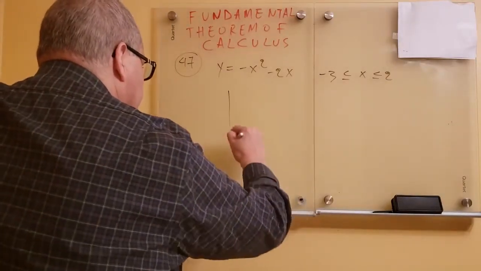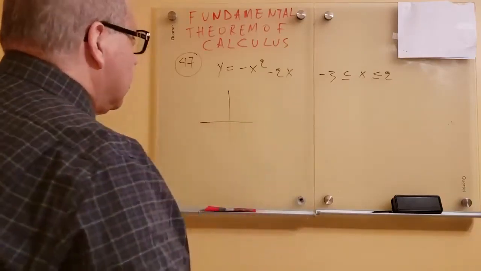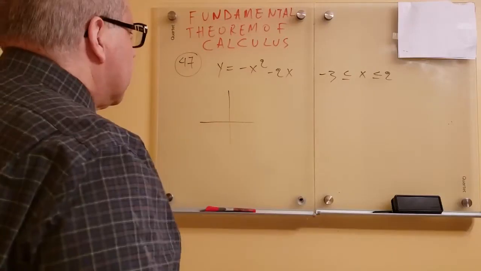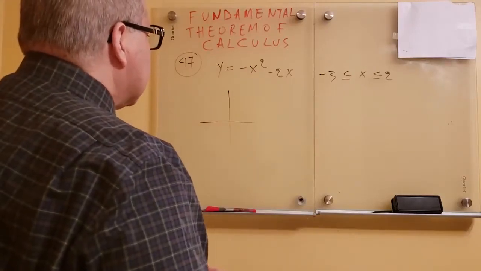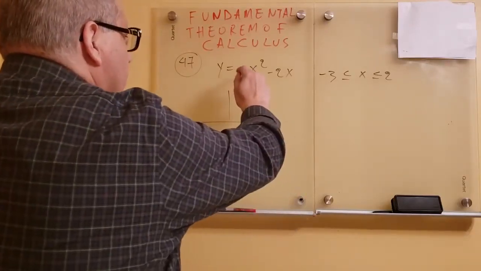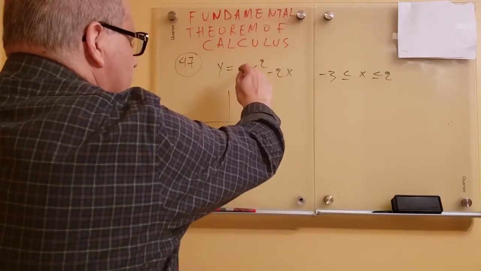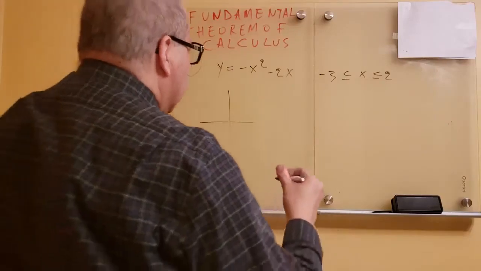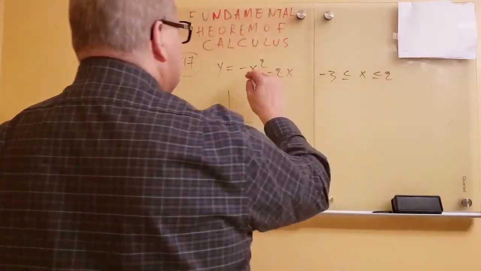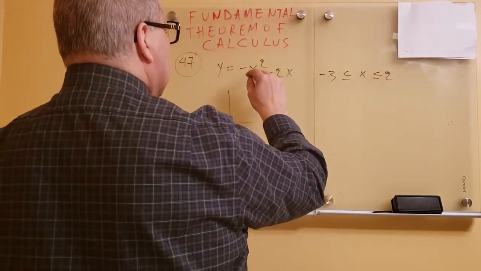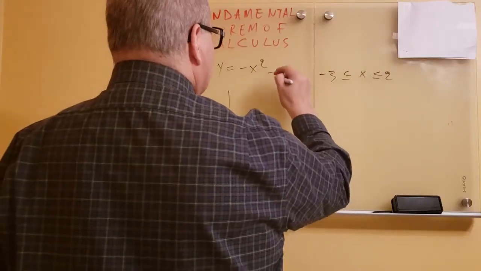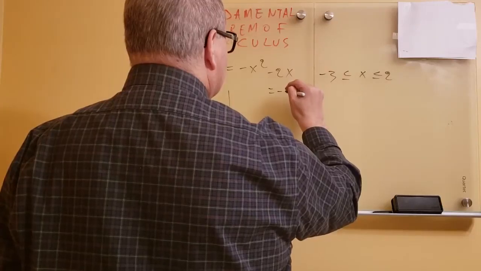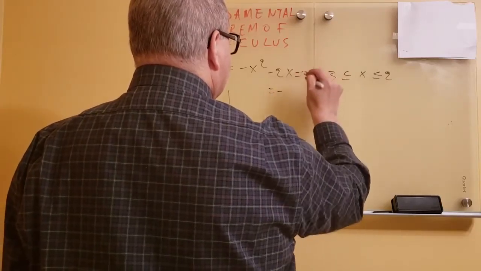So if you do the graph here, this is a parabola. It's a parabola that opens downwards because the coefficient before the x squared is -1. If you set this equal to 0, you will have negative x squared minus 2x equal to 0.